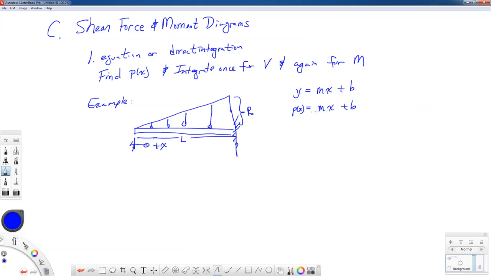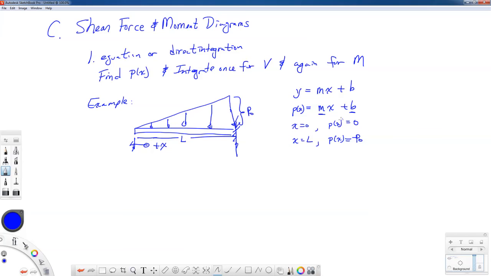In order to find the slope and the intercept for this equation of the line, we need to know the values of the distributed load at two spots on our beam. On the left-hand side, where x is equal to 0, the distributed load is equal to 0. And over on the right-hand side, at x equal to L, the value of the distributed load is minus P0. Because it's directed downward, that's why there's a minus sign right here.